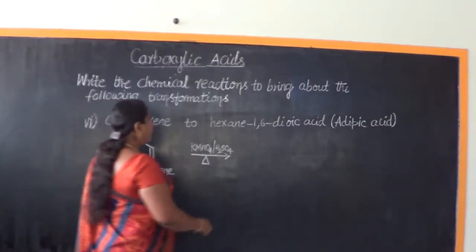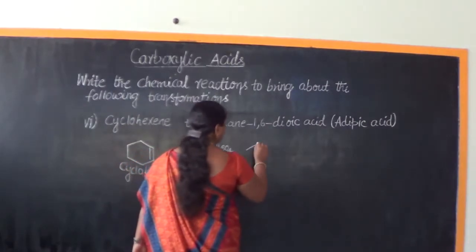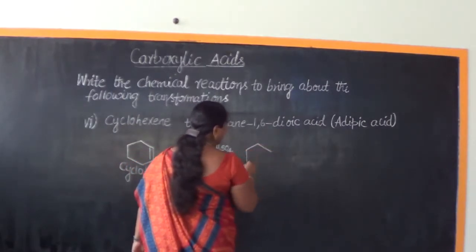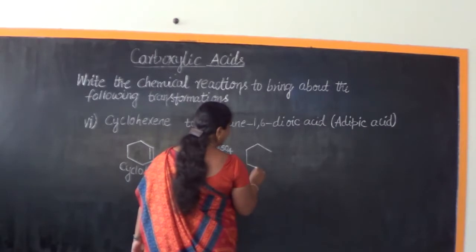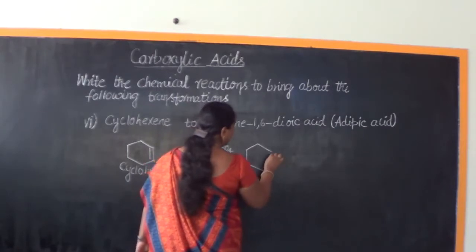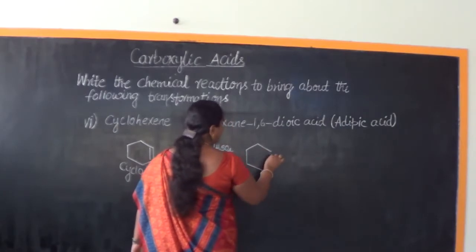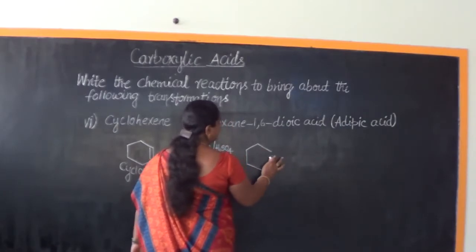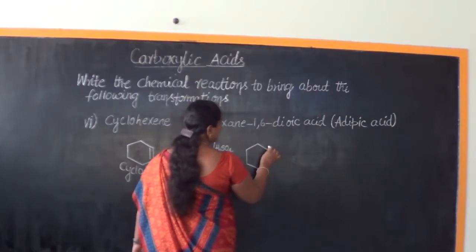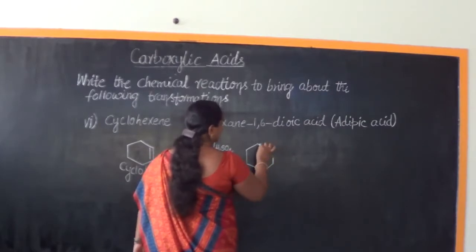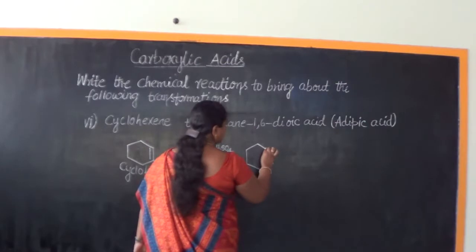So now what happens? The 6 carbon ring which was intact will now undergo breaking. So what are we having here? This end will be 1 COOH.